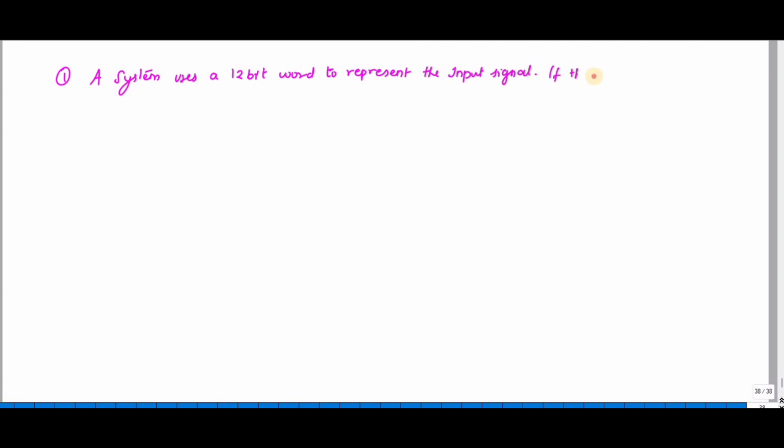If the maximum peak to peak voltage of the output is set to 4 volt. Okay. Find the resolution of the system. And dynamic range.